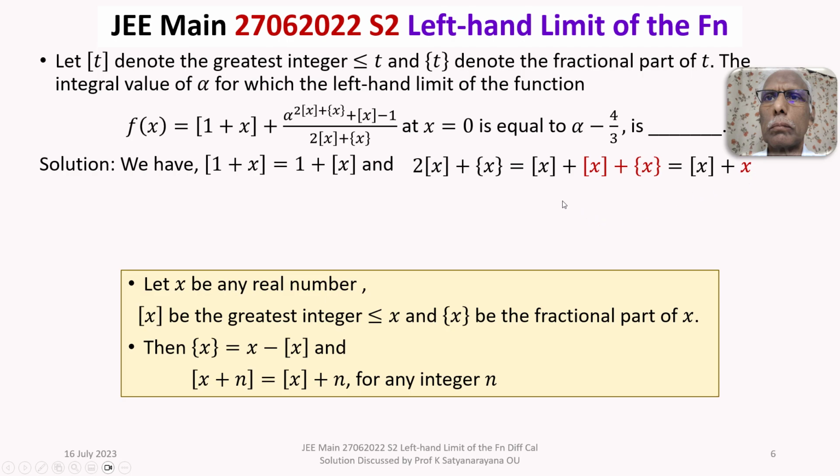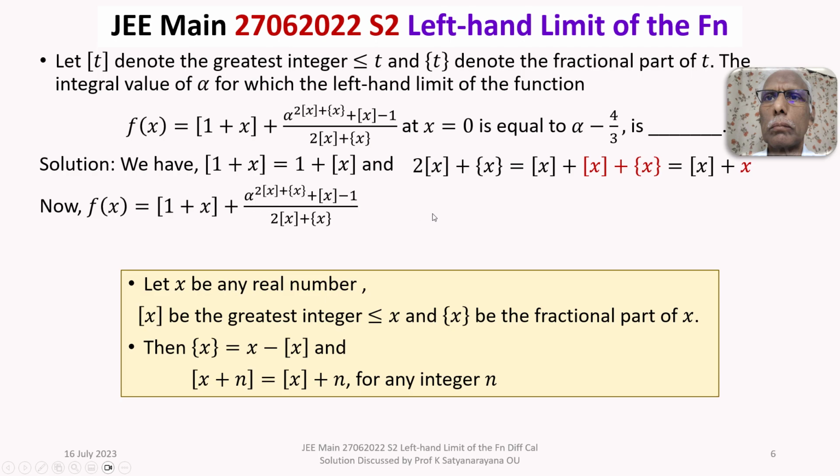Now let's get into the function. So this is your function. For the first one, [1 + x], you can write 1 + [x], and 2[x] + {x} in the power, you have to write [x] + x, both in the power in the numerator.